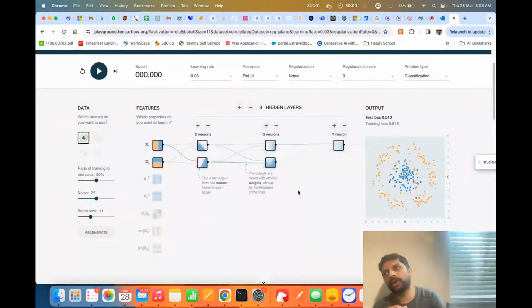How do you do gradient descent? w new is equal to w old minus lambda times the derivative of the cost function with respect to w. I'm repeating all those things, but nothing wrong.